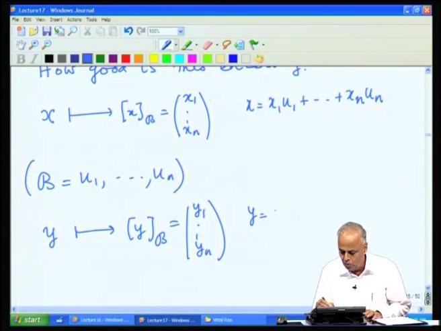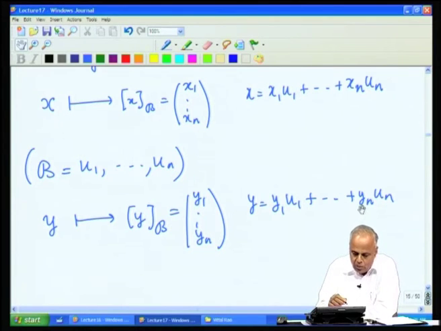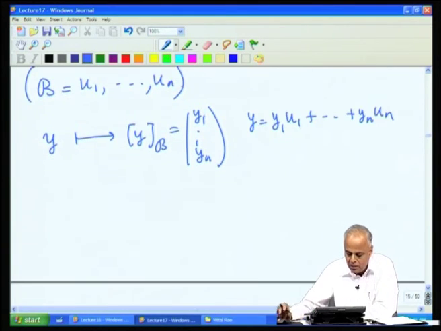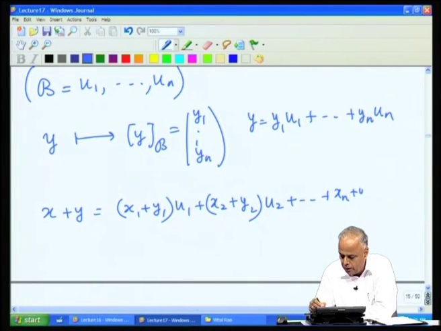This means y equals y1 u1 plus etcetera plus yn un. Now we are doing the addition on the V side. This is a vector in V, and this is a vector in V. So, if we add, we get x plus y equals (x1 plus y1) u1 plus (x2 plus y2) u2 and so on, plus (xn plus yn) un.